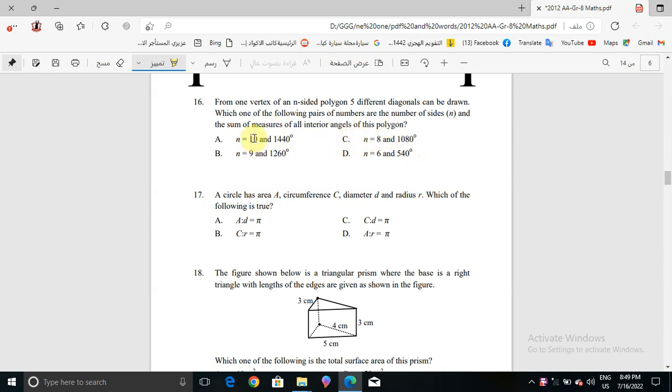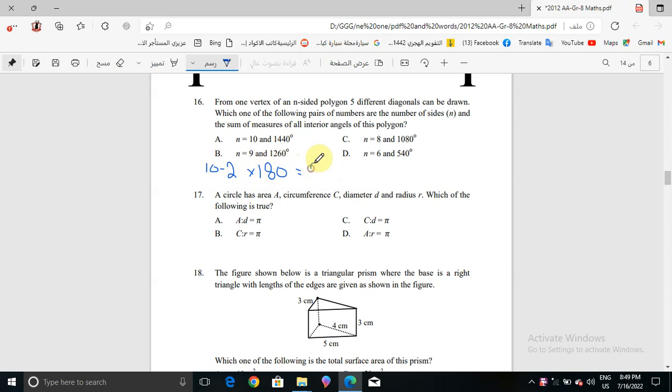Here, if we make the n sides 10, then let's write it: 10 minus 2 times 180. What will it be?